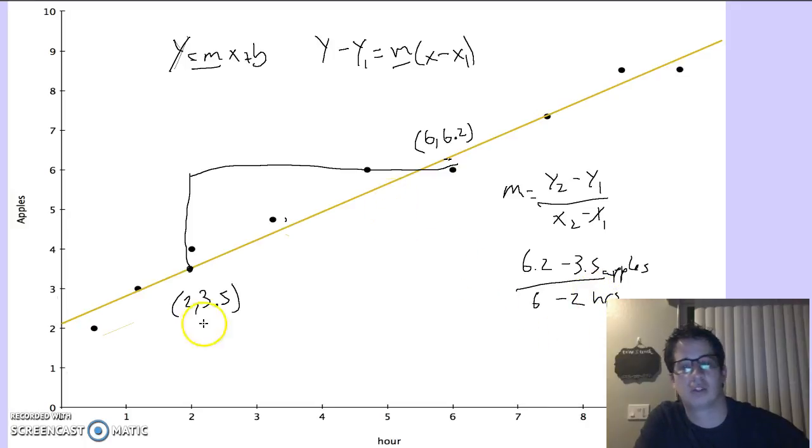Alright, you can also do it this way. From 2 to 6 is 4. From 3.5 to 6.2 is going to be 2.7. So that's 4 hours and 2.7 apples. Alright, and then we divide them, or you could subtract those instead if you preferred.